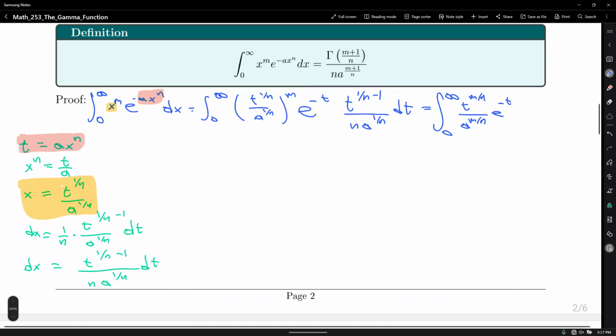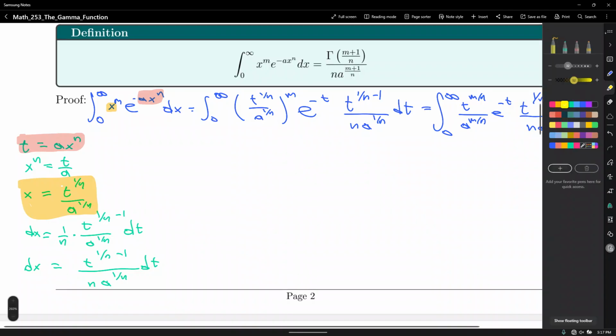And times the differential, t to the 1 over n minus 1 over n a to the 1 over n dt. It looks like a lot of crazy powers and a lot going on.